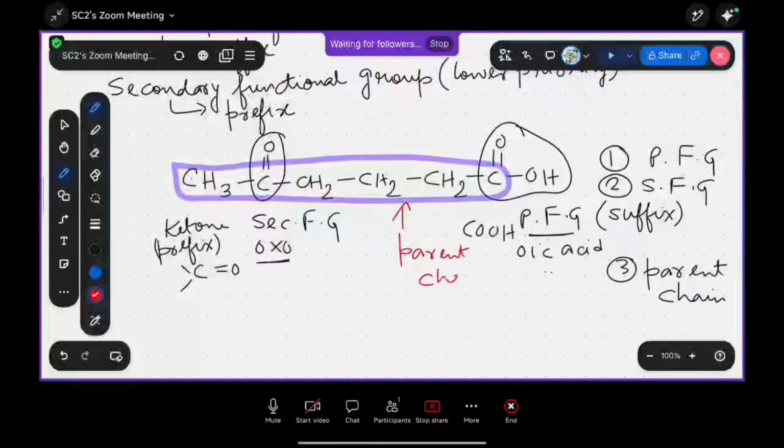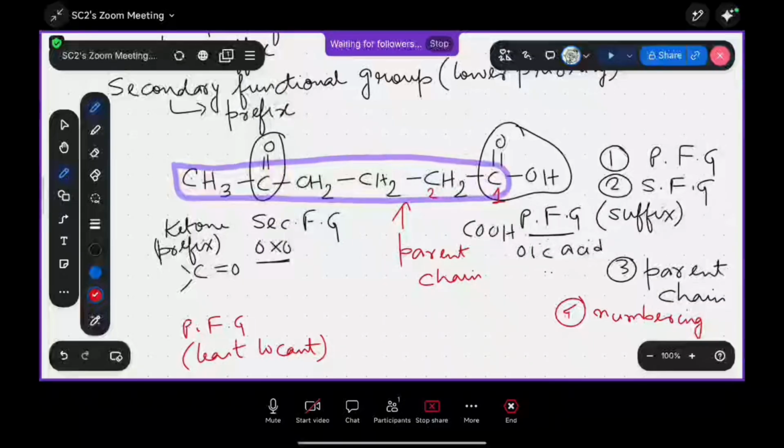After the parent chain selection, the last rule was numbering of the parent chain. How do you number the parent chain? As already said, the principal functional group gets the highest priority and should get the least locant. That means the carboxylic carbon will be carbon number 1.